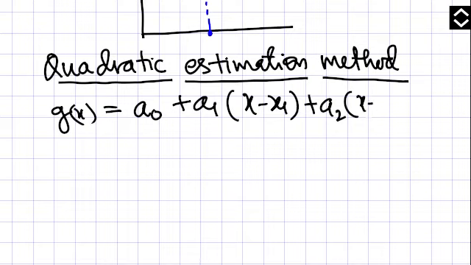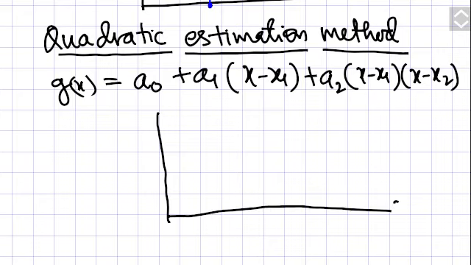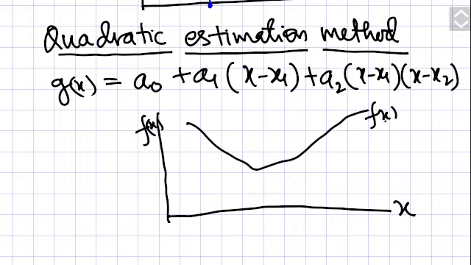You can understand it this way: suppose this is your x-axis, and this is your given function f(x). On that function you will approximate it to be g(x), a known function, and its equation will be this.